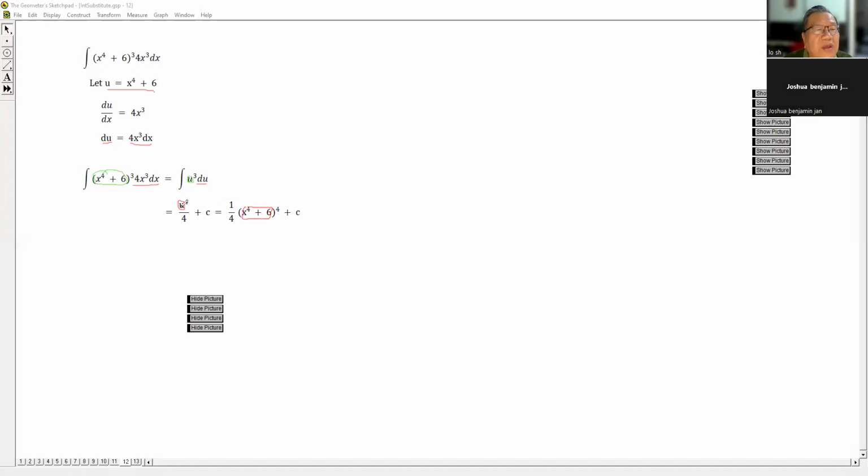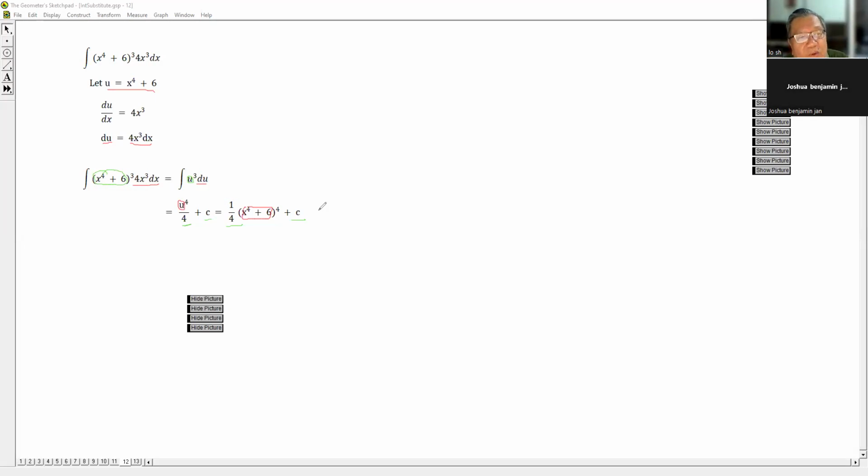So the u here changes back to x to the power 4 plus 6. So the other things like the 4 here, the 4 here, don't change anything, right? The C here, you leave it as C. You only change back the u, that's all. Other things don't touch, you just leave it as it is.